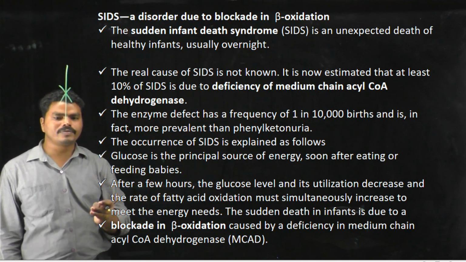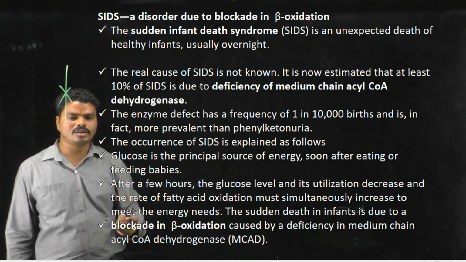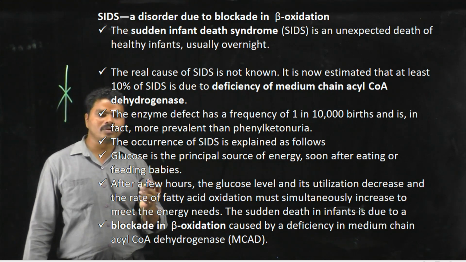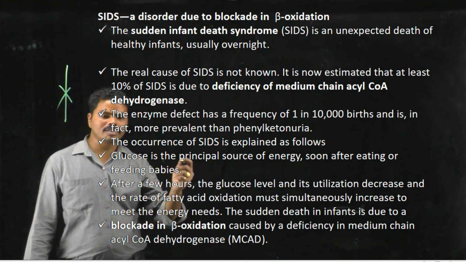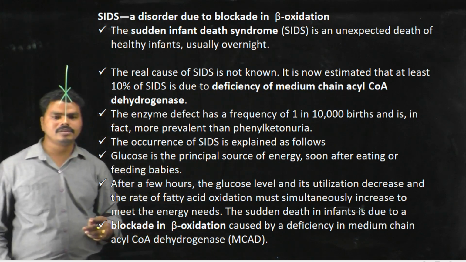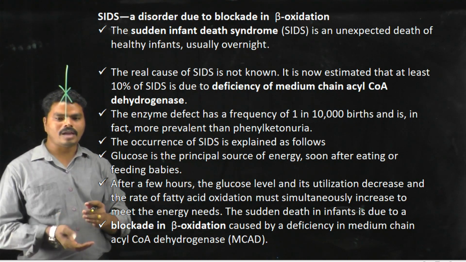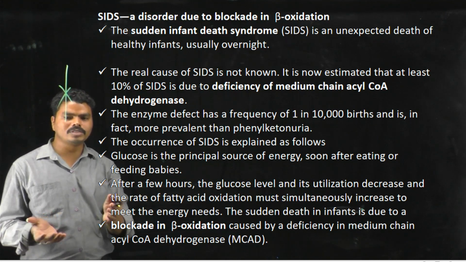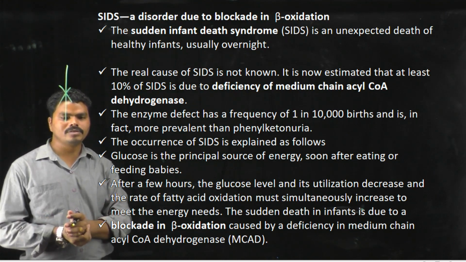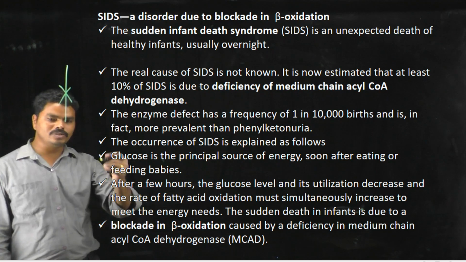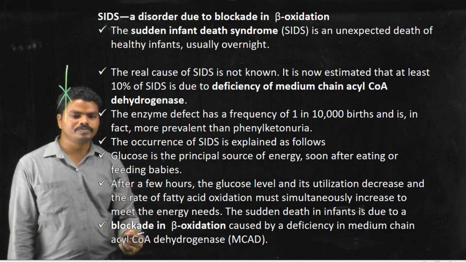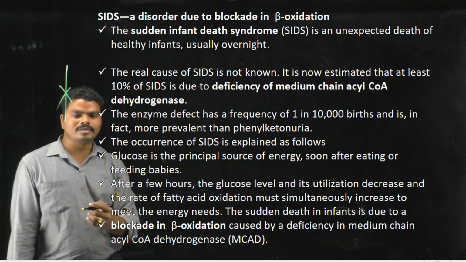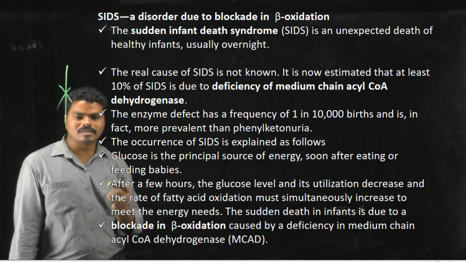After a few hours of feeding, the glucose level as well as its utilization decreases, because there is no more glucose present in the blood of the baby. So then what is another source of energy? The fatty acid is another source of energy.